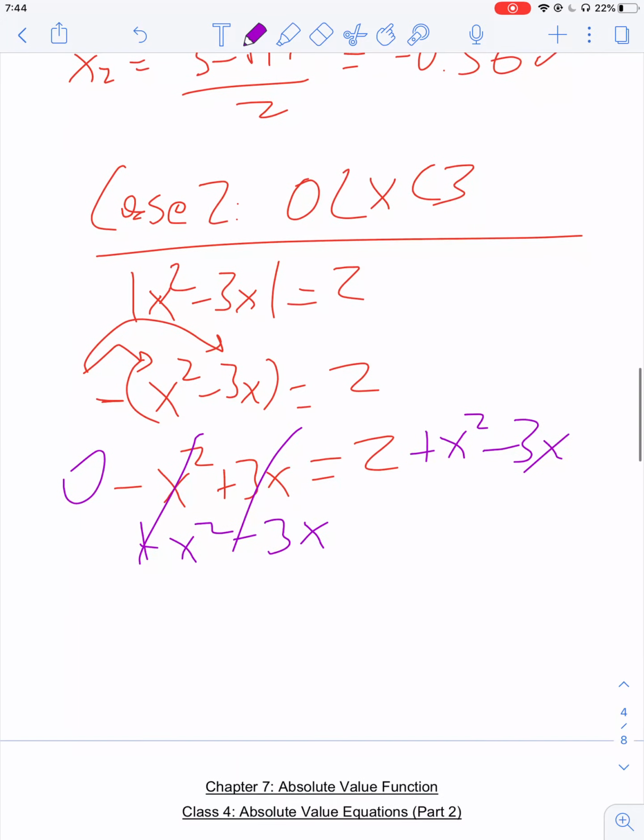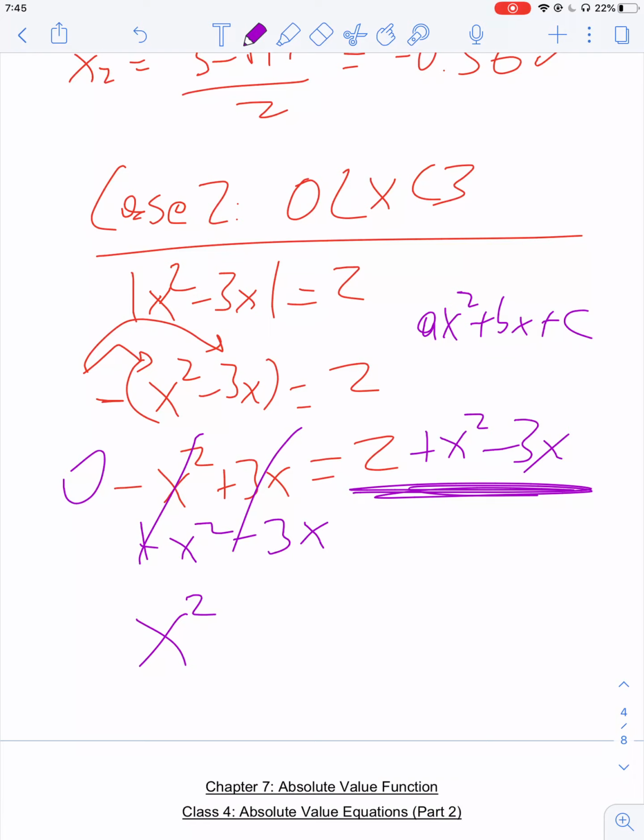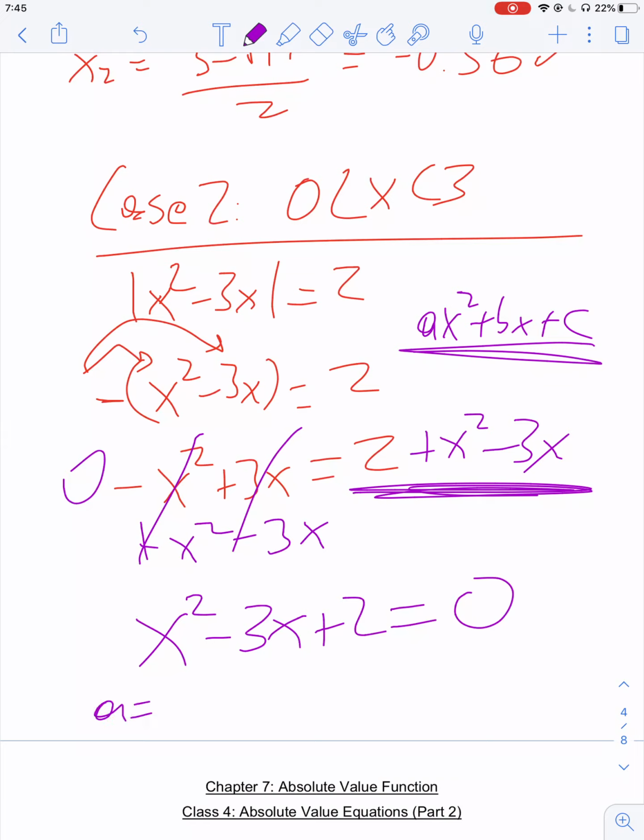And then this will just become 0. But just be very careful when you're writing this. Always write this in the form ax squared plus bx plus c, so that you're not confusing yourself. So I'm going to rewrite this as x squared minus 3x plus 2 is equal to 0. Why in this form? Because now it's really easy for me to identify what a is, what b is, and what c is. So in this case, a is equal to 1, b is equal to minus 3, and c is equal to 2.